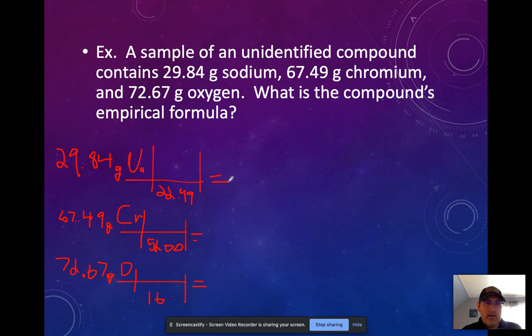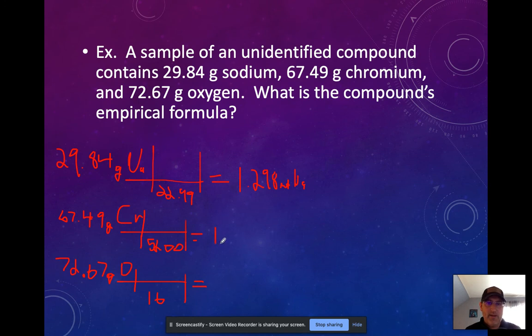29.84 divided by 22.99, 1.298. Okay, that's moles of Na. All right, 67.49 divided by 52 is 1.298.